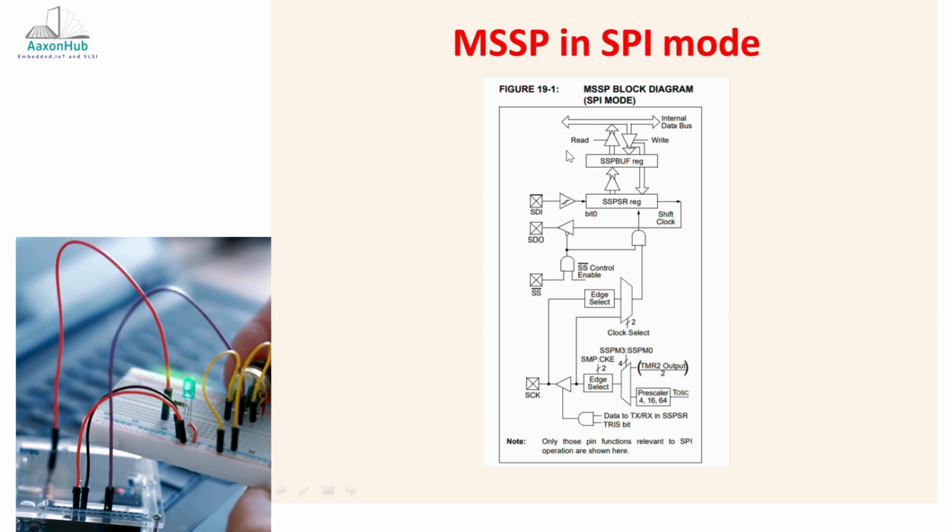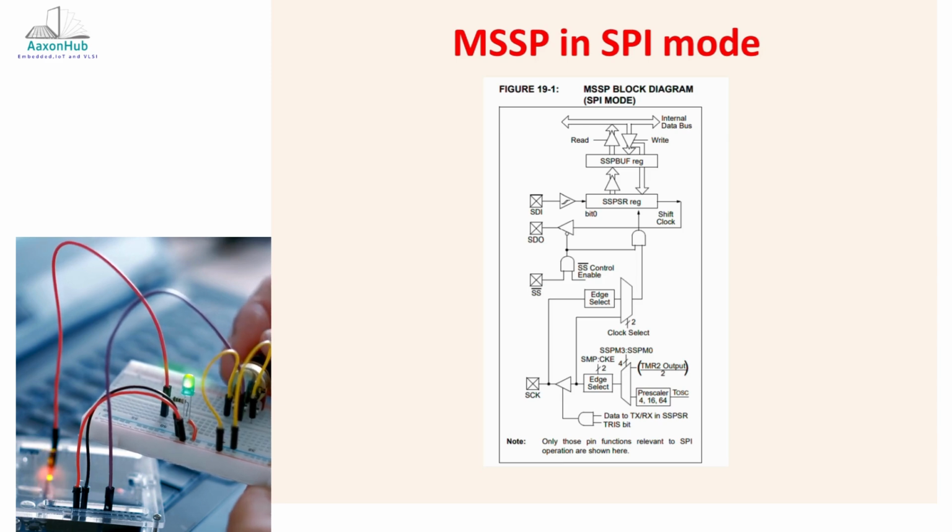In receive operation, the SSP SR register and SSP buff register together create a double buffer for the receiver side. So when SSP SR receives a complete byte, it is transferred to the SSP buff register, and in that manner the completion of reception will be indicated by the interrupt flag, which is the SSP IF flag, and that flag will be set.